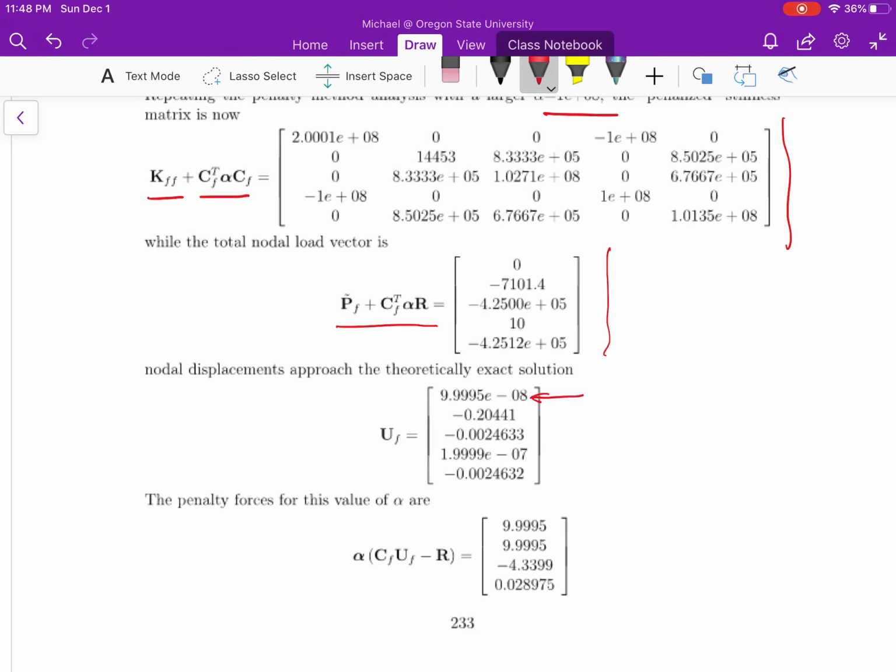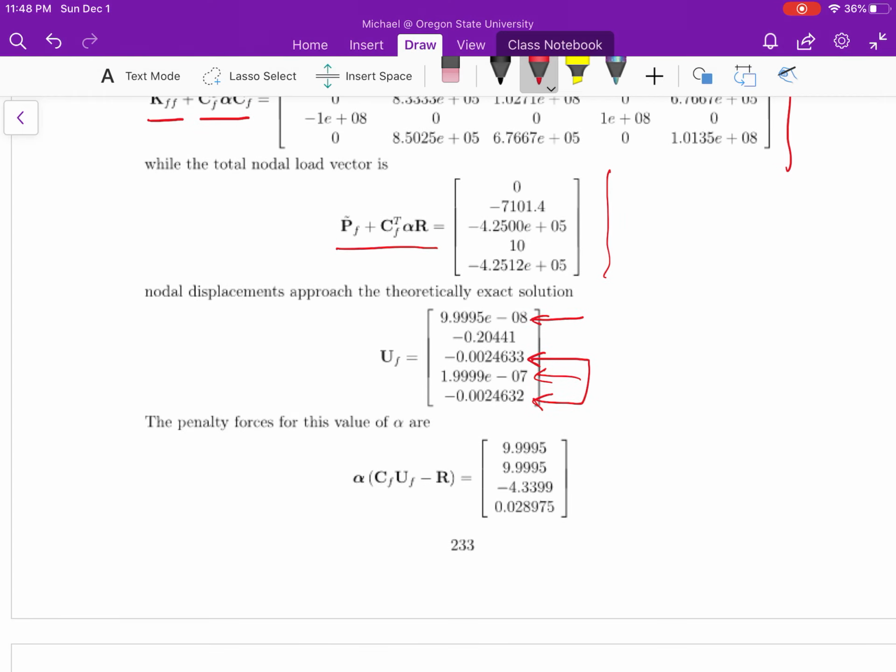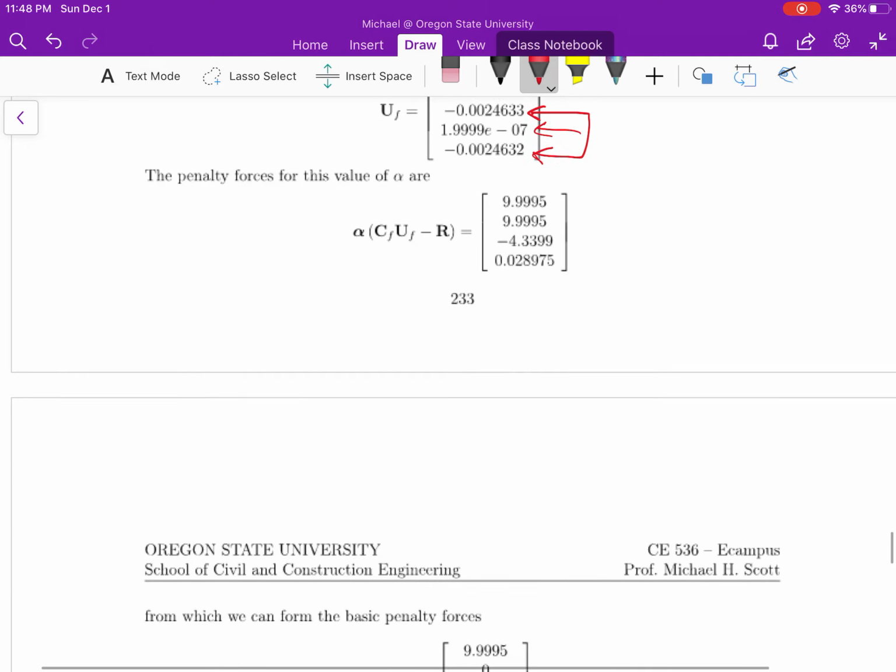So 1 and 4 are getting very small, 10 to the negative 8th, 10 to the negative 7th, and 3 and 5 are getting very close to equal. And then the penalty forces associated with that system are given here.